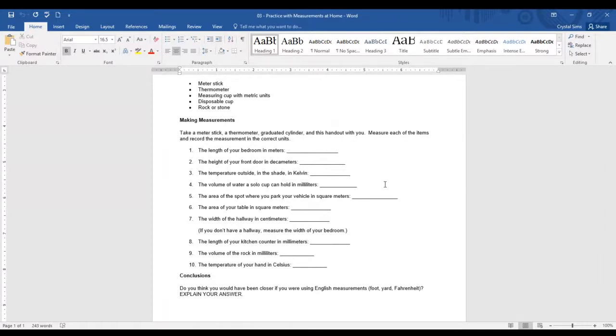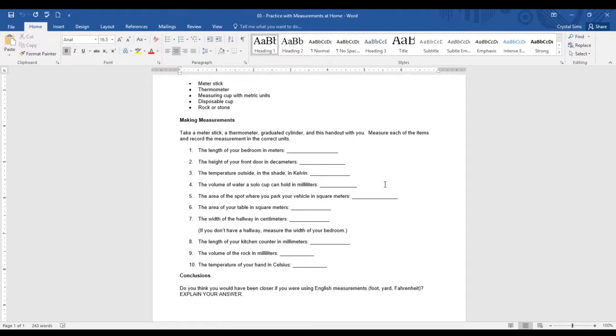We tend to think in terms of the English system, we think in feet and yards and ounces and pounds, but we really need to start thinking in the frame of mind of the metric system, because all of what we do in chemistry uses a metric system. We think in terms of volume, we think in liters or milliliters. For mass or weight, we think of grams. So it's really important that you get used to using the metric system.